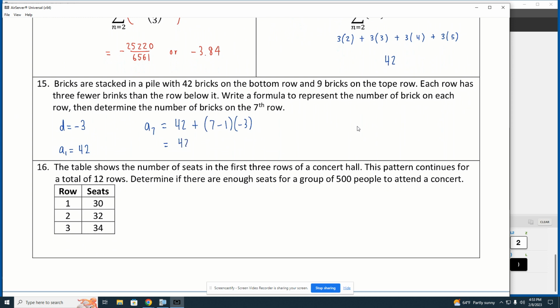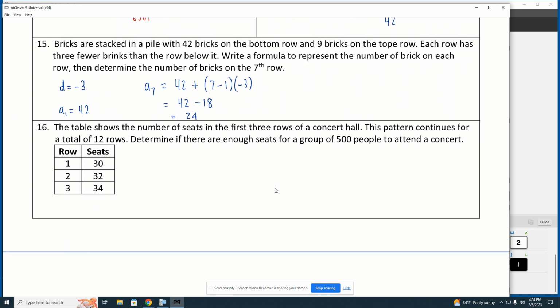So that's 42, and then 6 times negative 3 is negative 18. So 42 minus 18 is 24. So A sub 7 has 24 bricks on it. So that one's pretty easy.